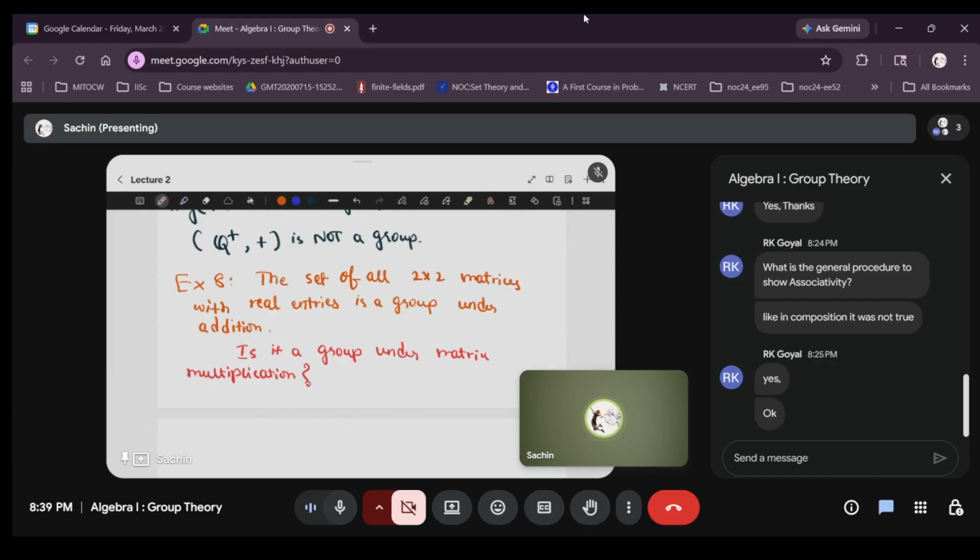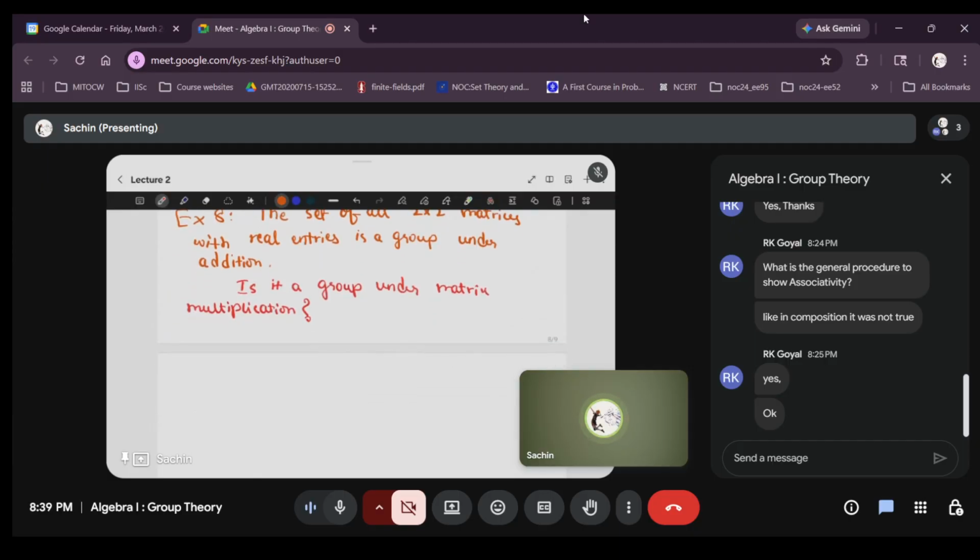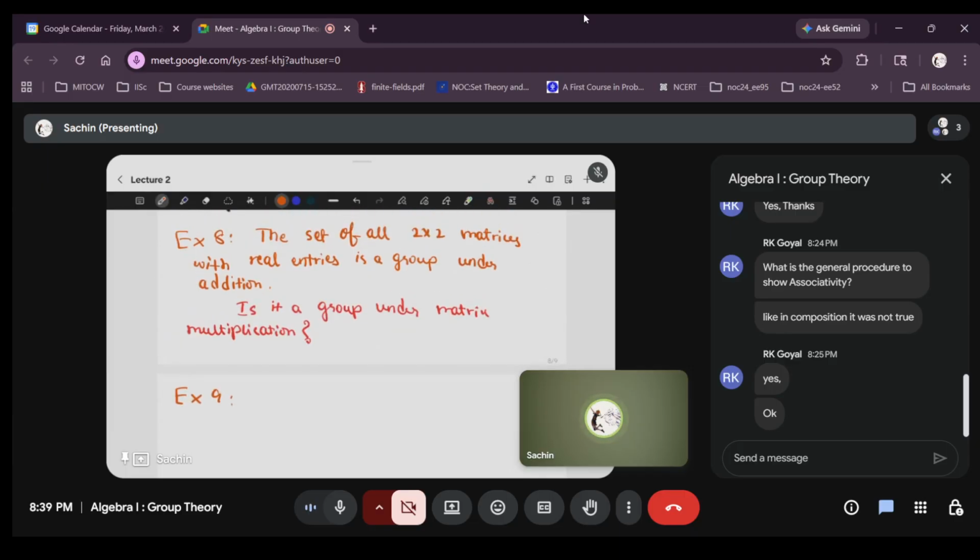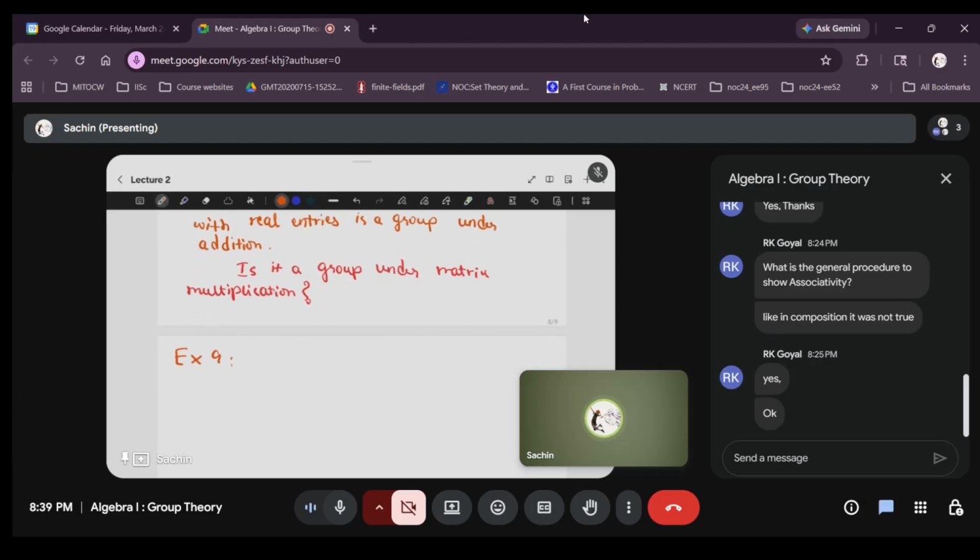So for the next example, similar to how we saw for the rational numbers, if some element was giving you trouble with the inverse part, you can try to remove that element and see if that is a group. And we do that for matrices also.